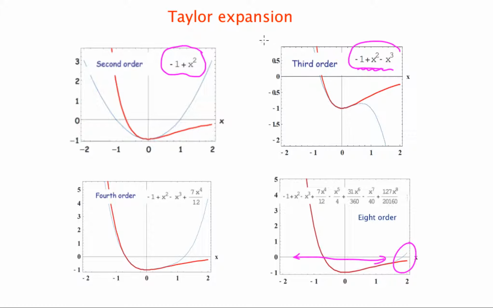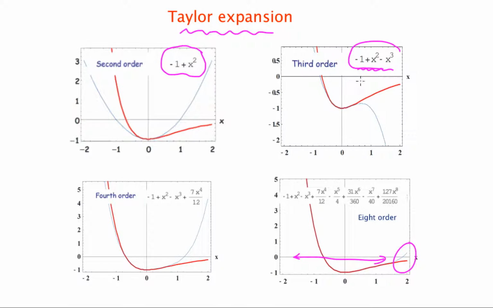So the Taylor expansion, again, is a very useful tool when dealing with numerical methods, and it allows us to approximate a function. It doesn't matter what kind of function we have. It's important not to have singularities. Basically, what's important is that the derivatives of the function have to be well defined.